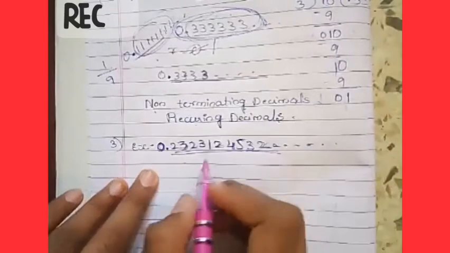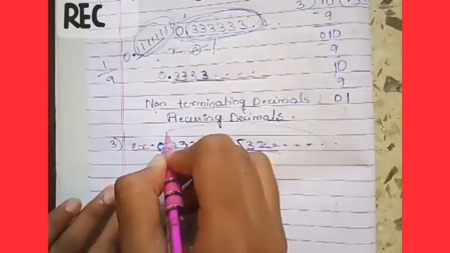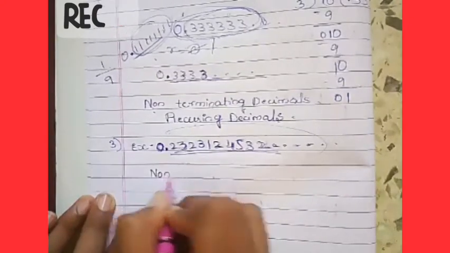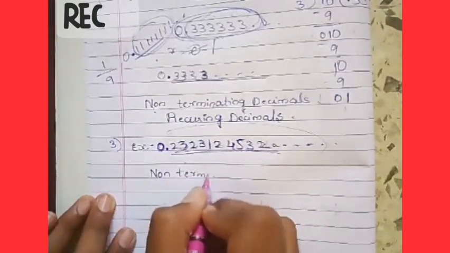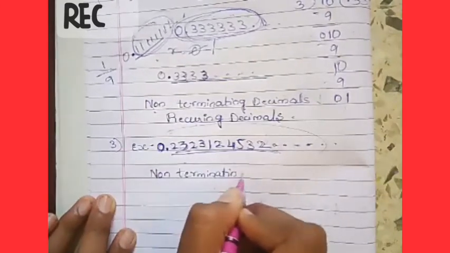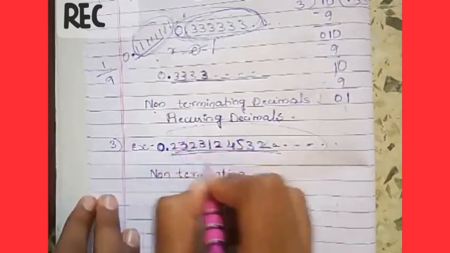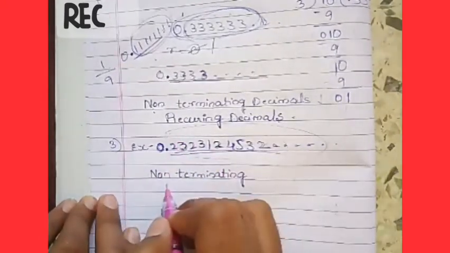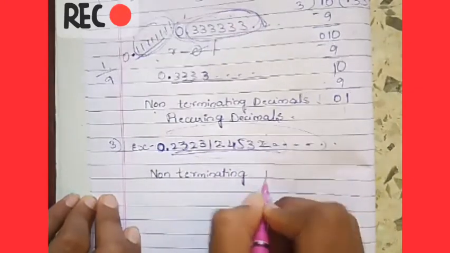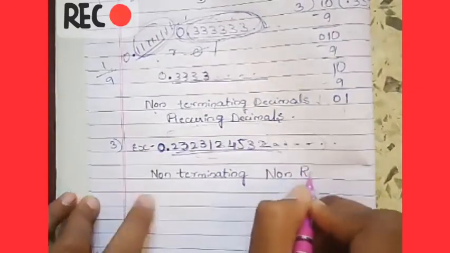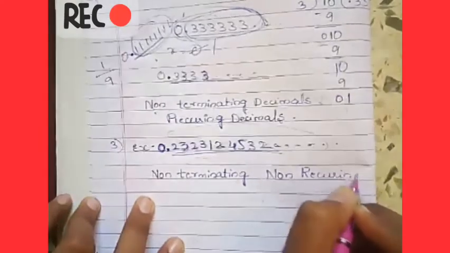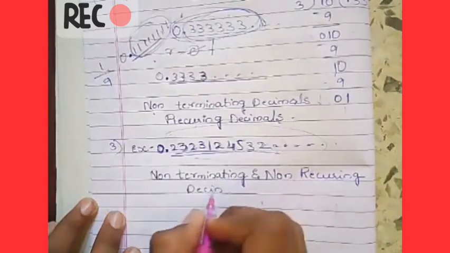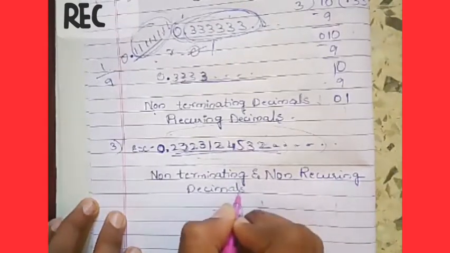So infinite numbers after the decimal point means non-terminating, as well as there is no repetition of the numbers, meaning there are no recurring decimals, that means non-recurring decimals, non-terminating as well as non-recurring decimals.